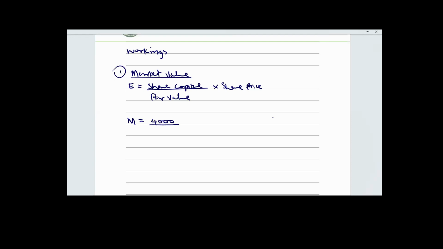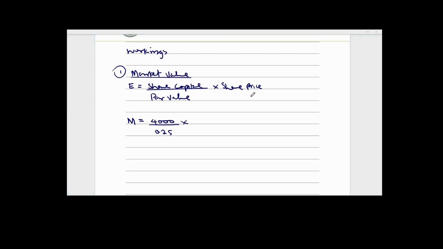So what's the par value of Mississippi? 25 kobo. Thank you. So 0.25, multiplied by the share price. I need the share price of Mississippi.